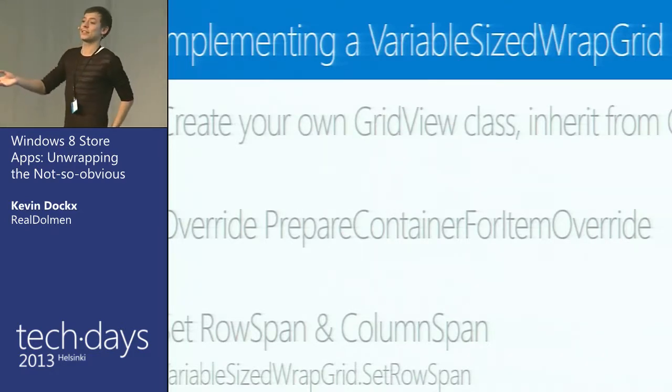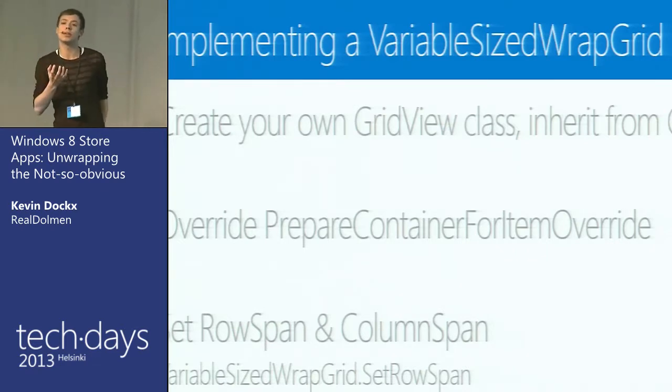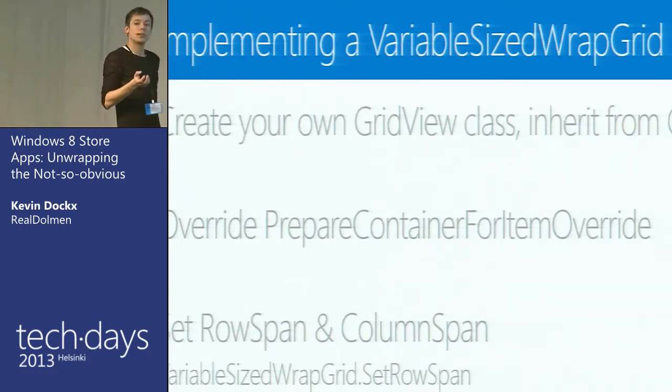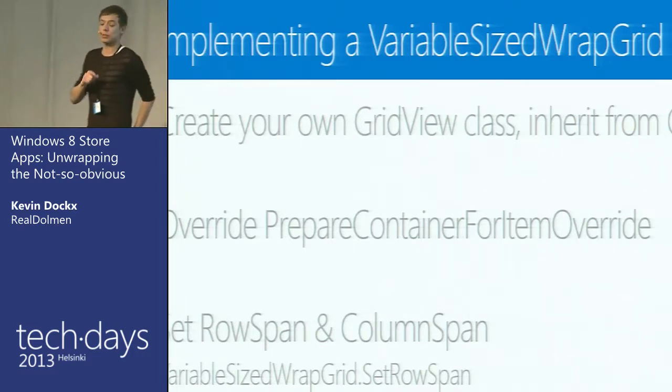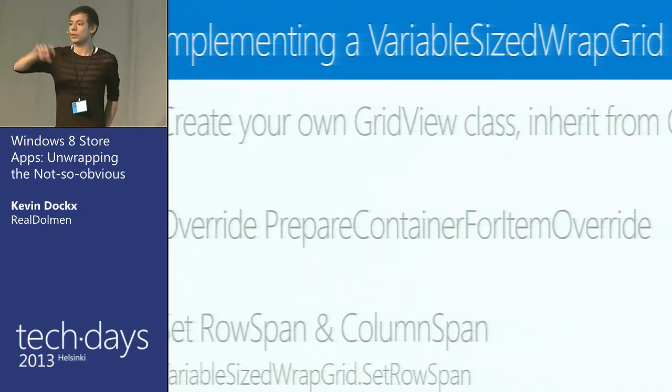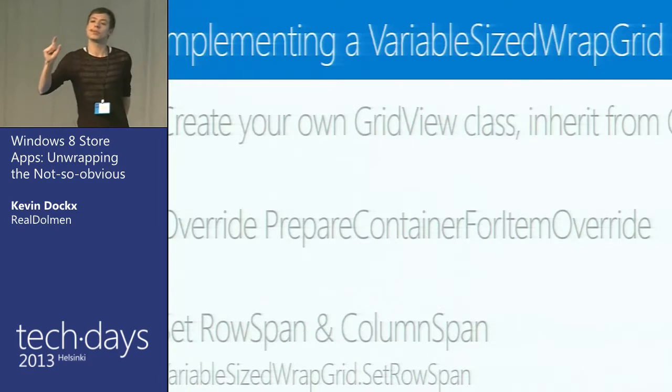You just have to create your own grid view class, which inherits the built-in grid view. And in that you can override a method. And that method is called PrepareContainerForItemOverride. That method gets executed for each item in your grid view.